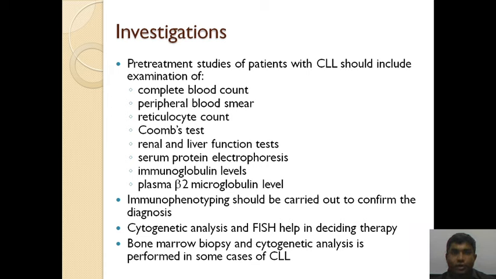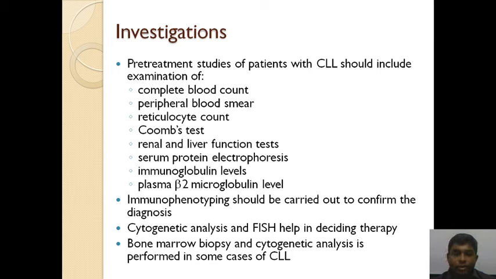We need to look at the stained peripheral blood film for the morphology of the CLL cells. Reticulocyte count to look for reticulocytosis, and Coombs test to see if there is any Coombs positive hemolytic anemia, and routine tests including renal and liver function tests and serum protein electrophoresis to look for a monoclonal component.